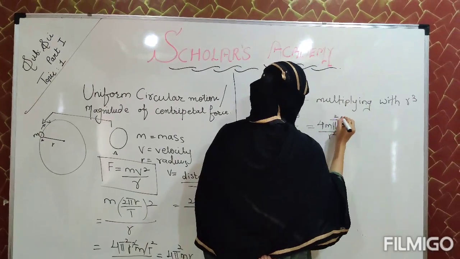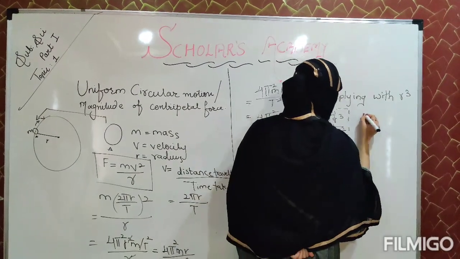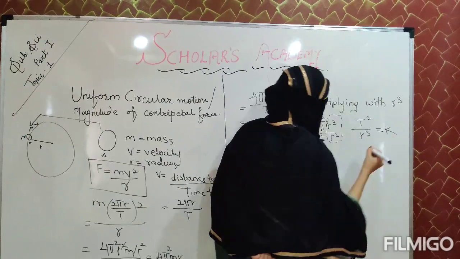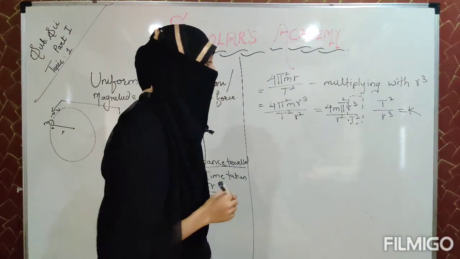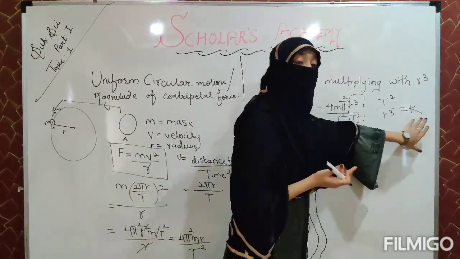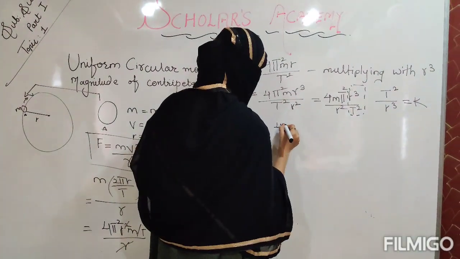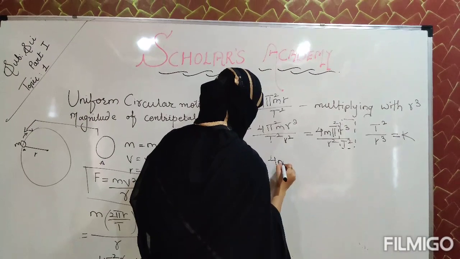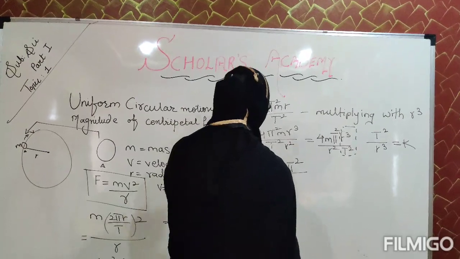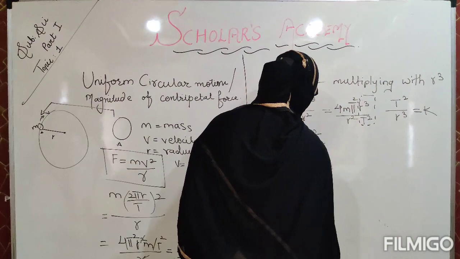If you isolate this part, you will get to know that t square upon r cube was equal to k in Kepler's third law, and in this equation it is in inverted form. So let's invert this k to add it into this equation. The equation will become 4 m pi square upon r square k.